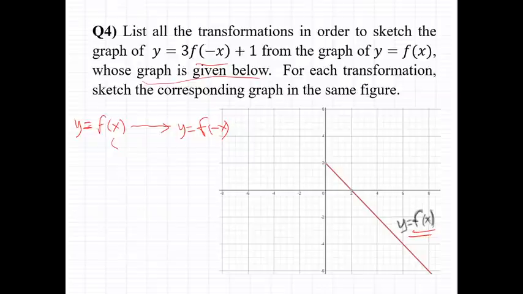This corresponds to reflecting across the y-axis. So here, x changes to minus x, which makes the reflection across the y-axis. When you do this, you will get to here.